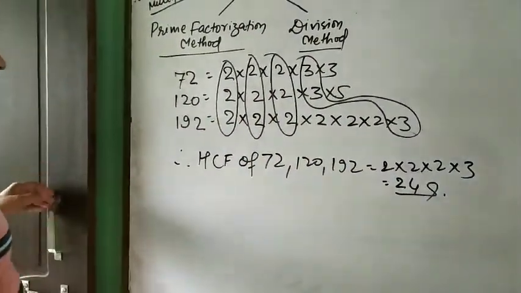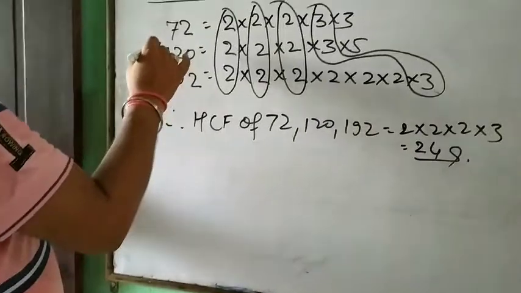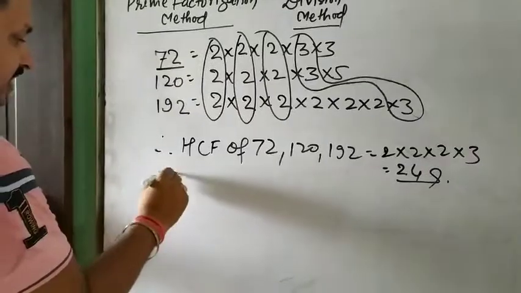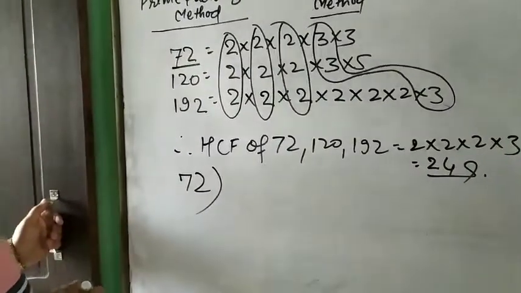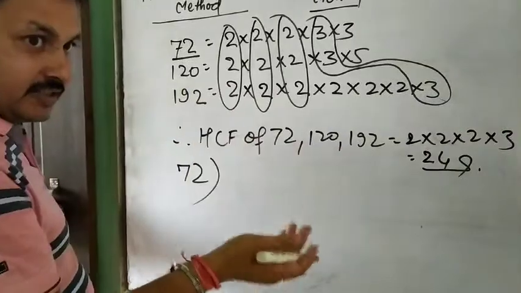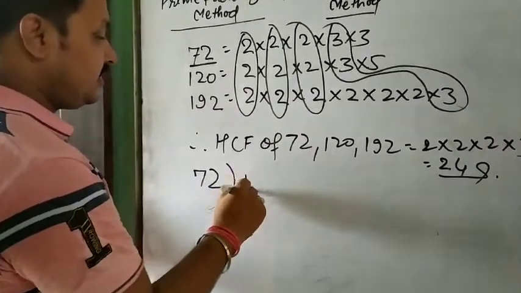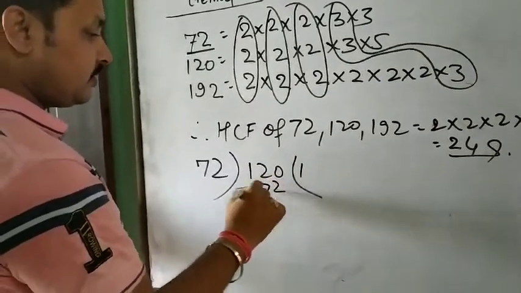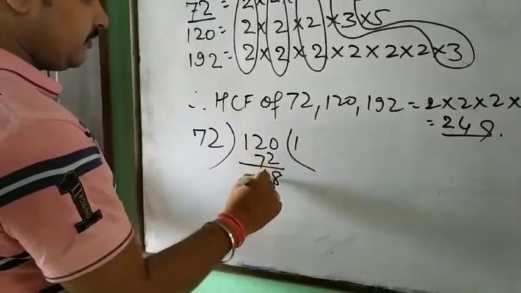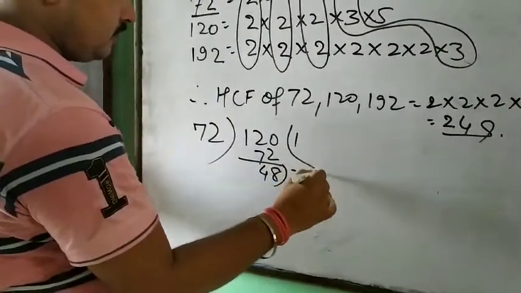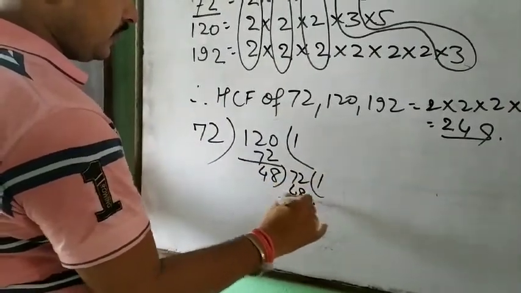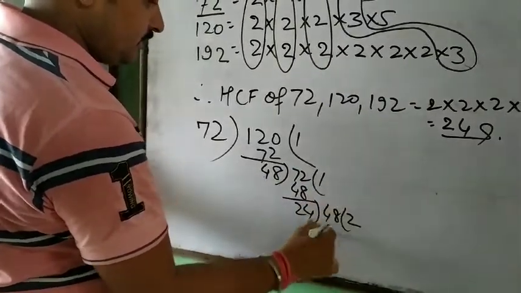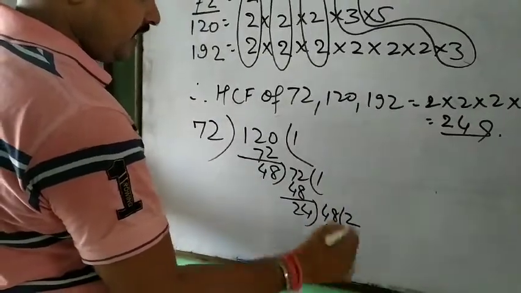In the division method, the smallest number is this. So this number is the divisor and the next greatest, 120, is the dividend. 1 times 72, remainder 48. Then 72 divided by 48, 1 times 48, remainder 24. 2 times 24 is 48, completely divided.